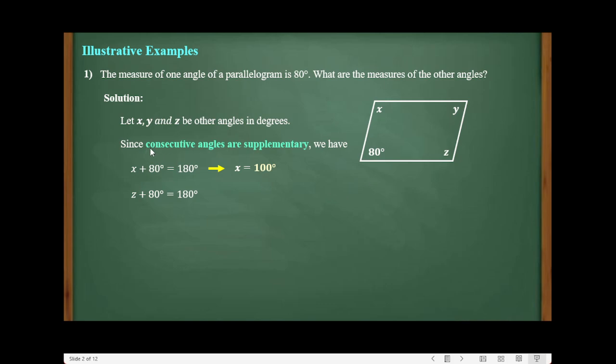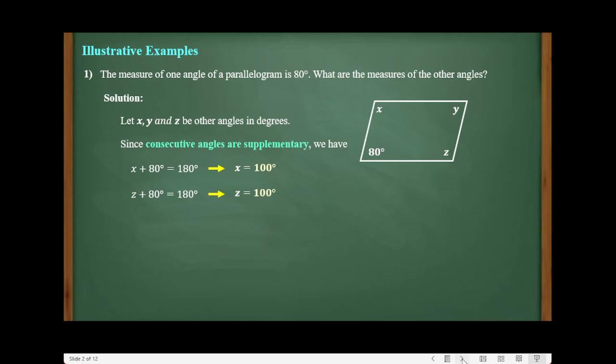Again, we are applying this particular property: consecutive angles are supplementary. This is the reason why we set up this equation. And from this equation, we can solve for z, and that is equal to 100 degrees.